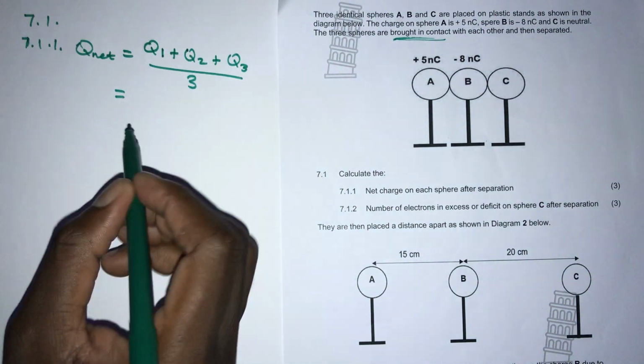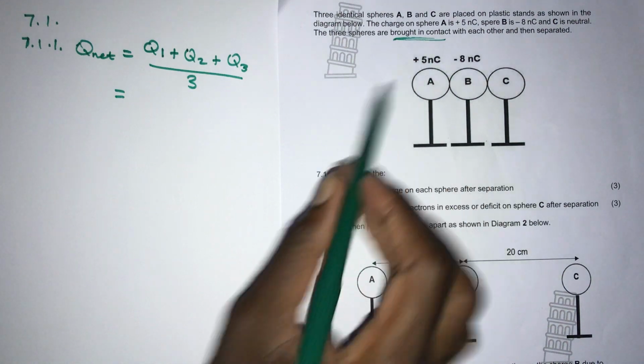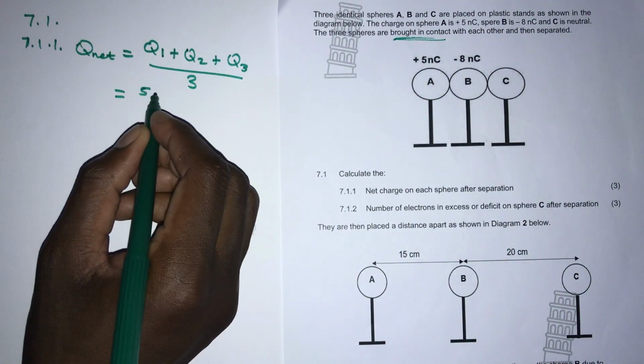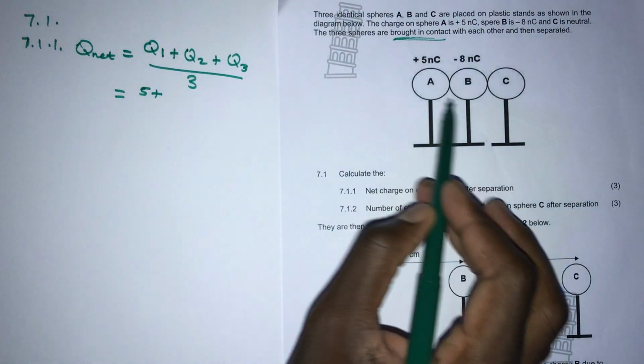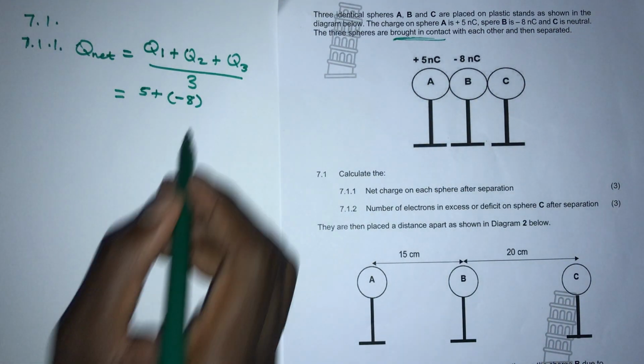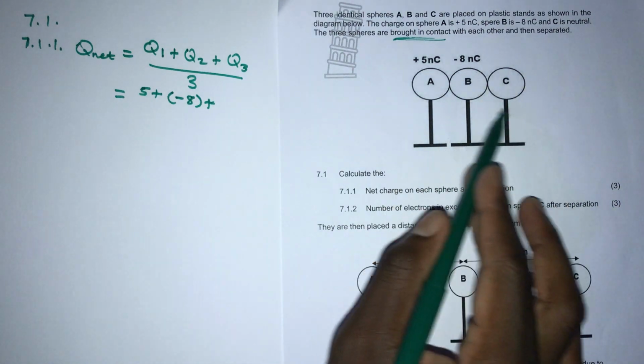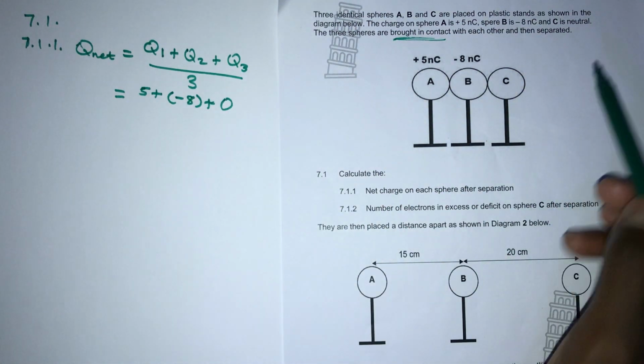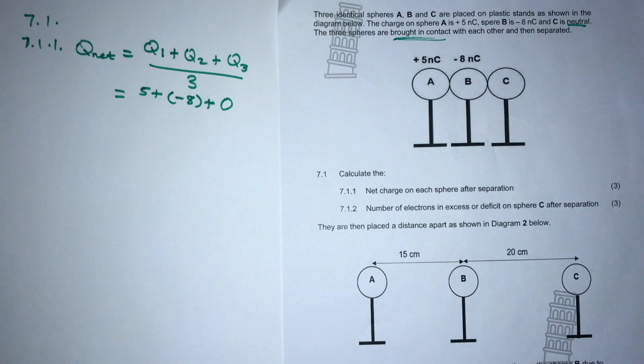So the charge on sphere A is positive 5, so that is 5 plus the charge on sphere B, negative 8, let's put it in brackets, plus the charge on sphere C, which is 0 because they said it is neutral.